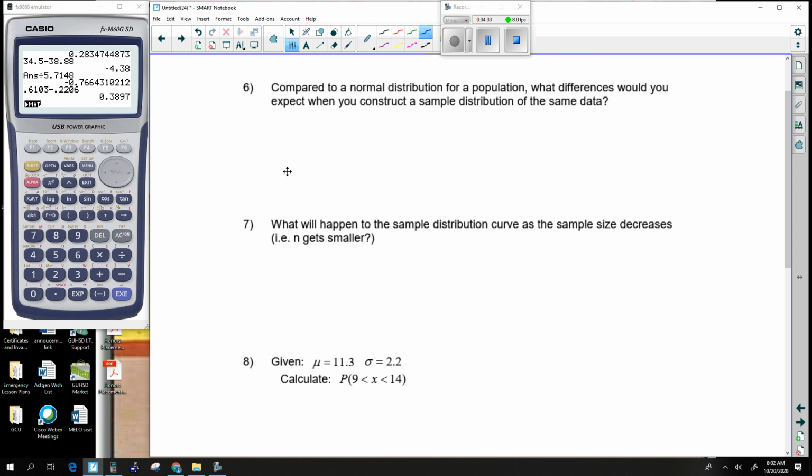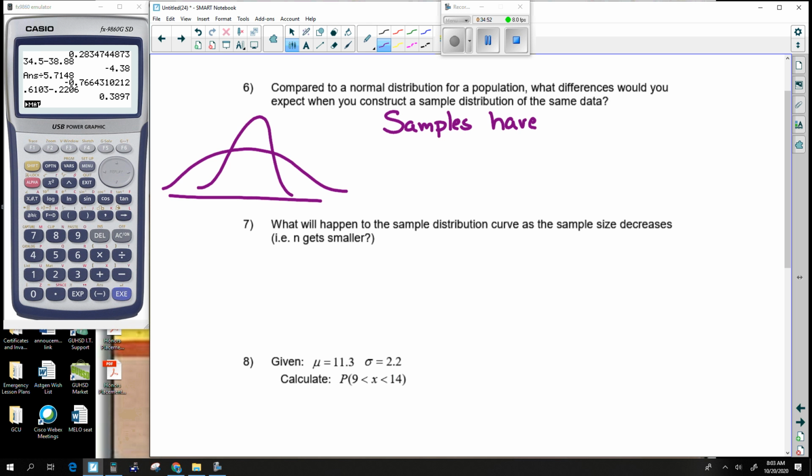So compared to a normal distribution for population, what differences would you expect when you construct a sample distribution? Okay, so remember, a sample is like that, and population is that. So I have to describe how a sample is taller and more narrow. So samples have, I'm going to say it's taller, so that is a larger relative frequency around the mean.